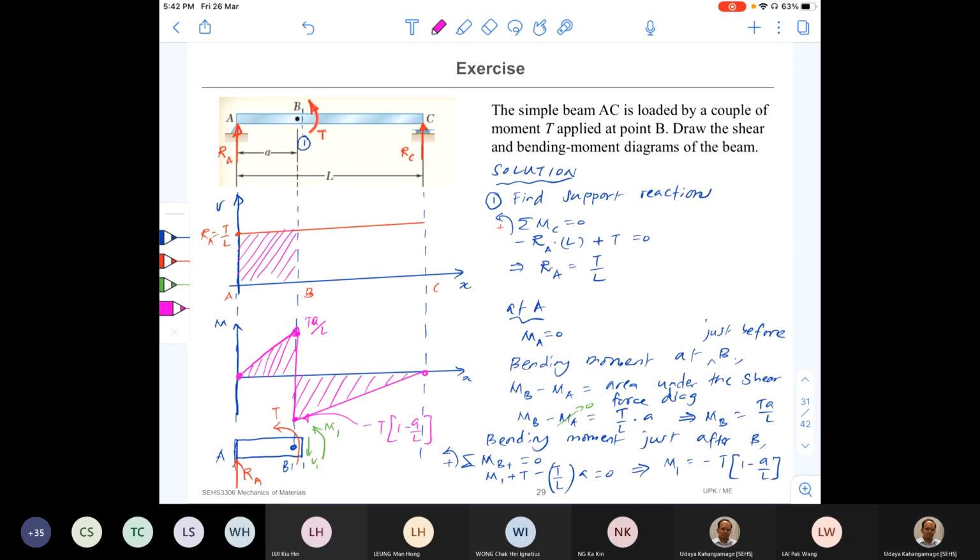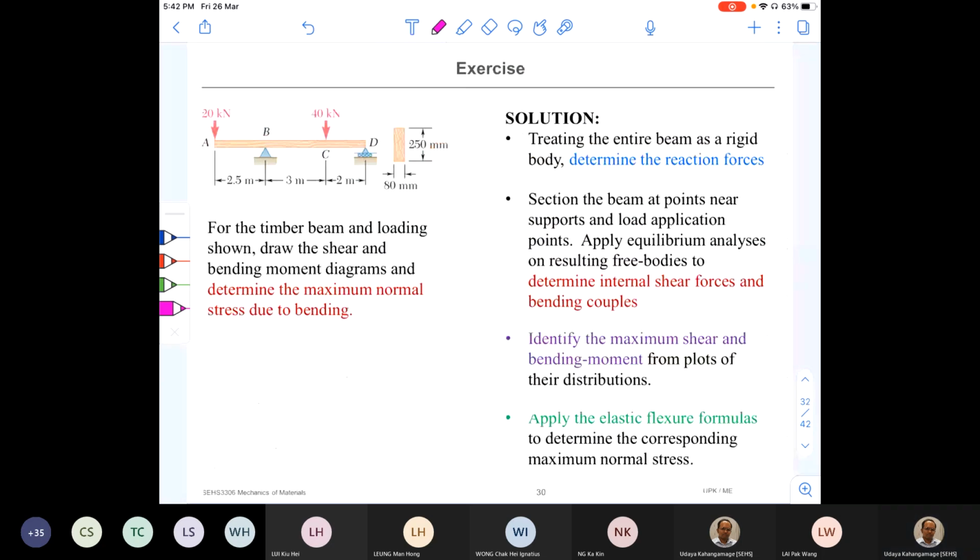Okay, right. So with that understanding, we have now done several examples. So we'll go to some practical sides now. We'll do another exercise question. Here, our target is to find the maximum normal stress due to bending. So it's another thing.